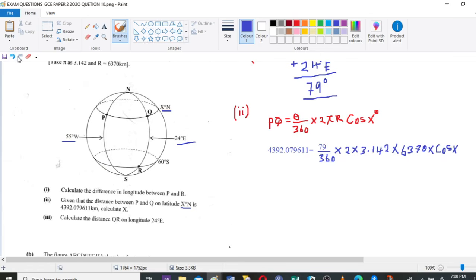Make sure you confirm this on your calculator.